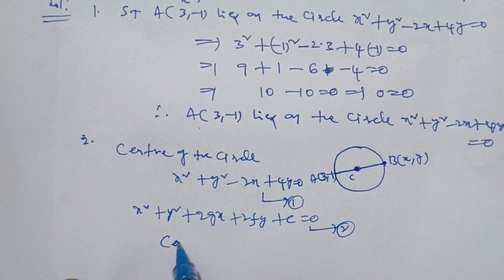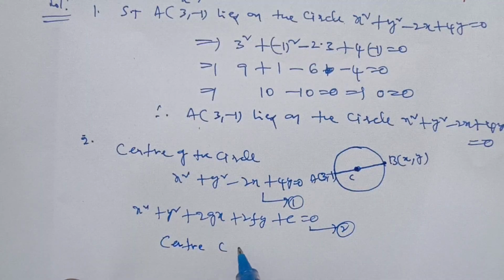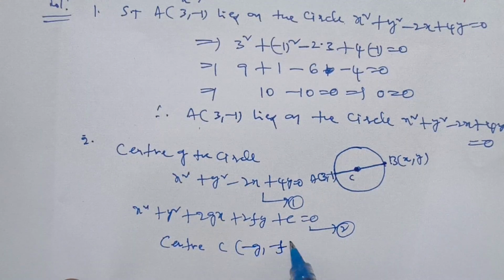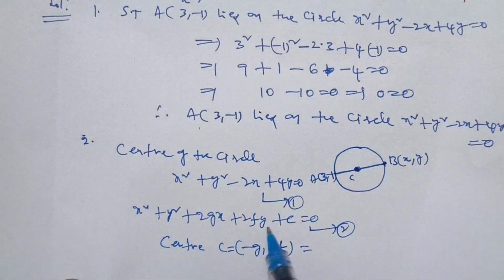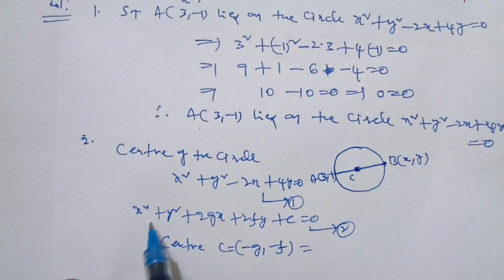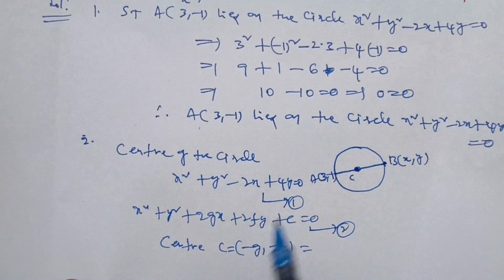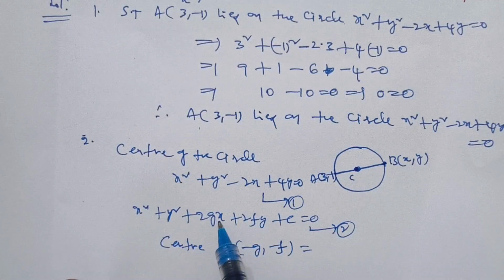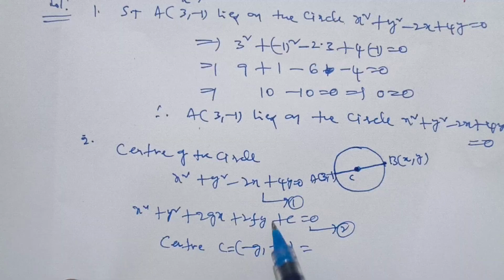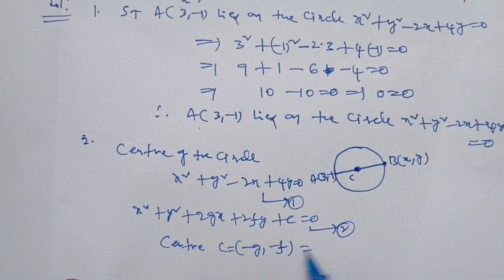So then we have the center C as minus g comma minus f. This is the formula for the center of the circle if the given equation is of this general form. So here, comparing x coefficients to get the value of g, comparing the y coefficients to get the value of f.